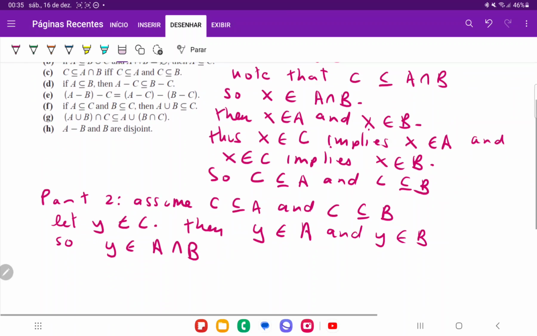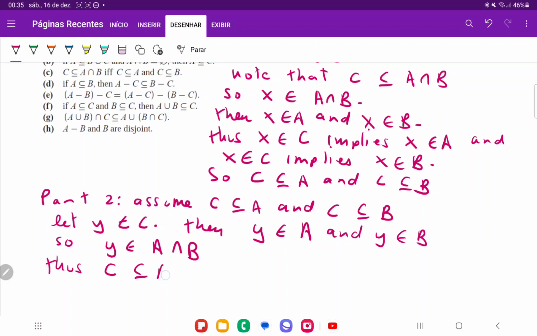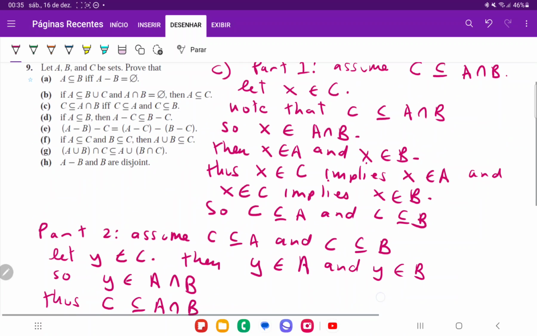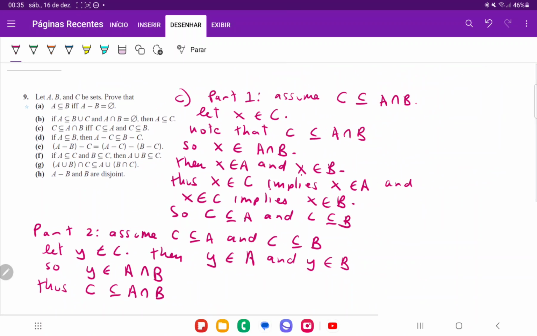So we have shown here, if C is a subset of A and C is a subset of B, then any element that is in C is both in A and B, so that element has to be in the intersection. So we're going to say, thus, C is a subset of A intersection B, right? So we have shown it both ways, and that is it for item C.